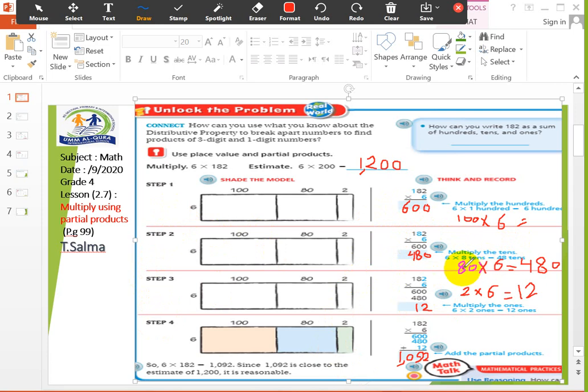So I have to find the value of each number. The number in the hundreds, I have to multiply by 100. The number in the tens digit, I have to multiply by 10. The number in the ones digit, I don't have to do anything because the value of the number equals the same number. So I have to multiply here 6 with each value, okay?